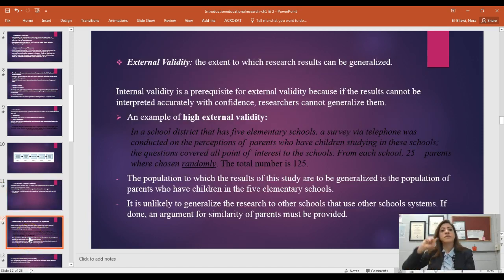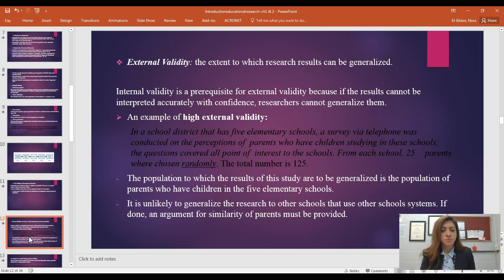Now the external validity is the generalizability of your research. So in other words, again, it adds to the details, but it really tells me if I can extend the answer of your research to all.